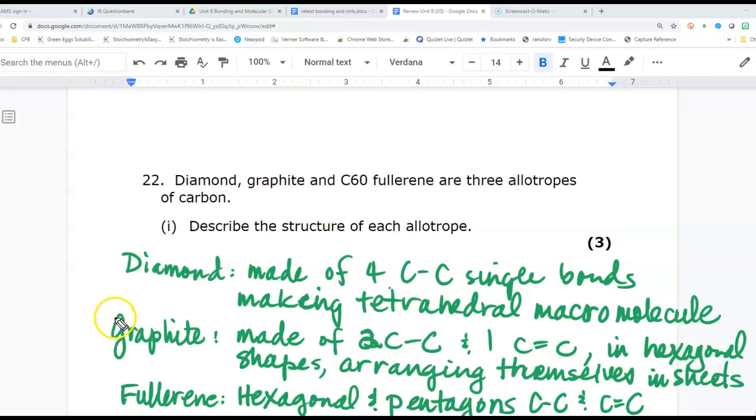If you wanted to say that both of these had delocalized electrons, you could add that in, but I'm not sure that this question requires you to do that. You could say C60 fullerene makes a spherical shape. Okay? All right.